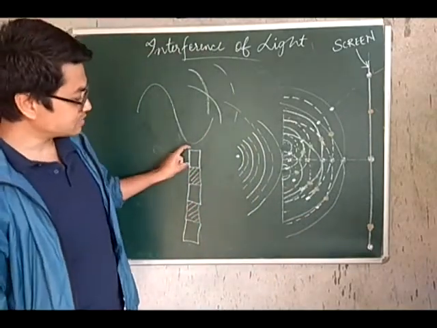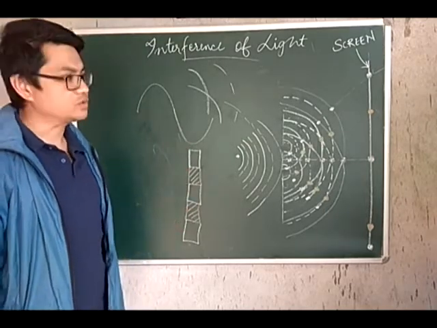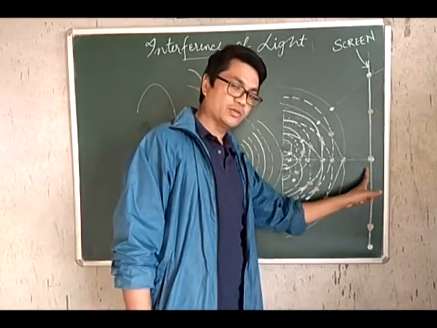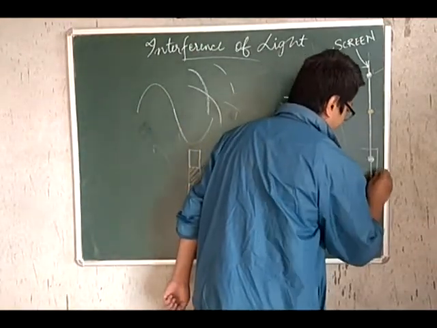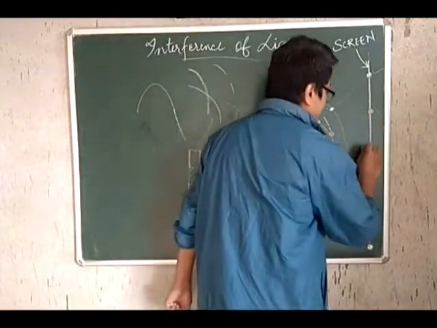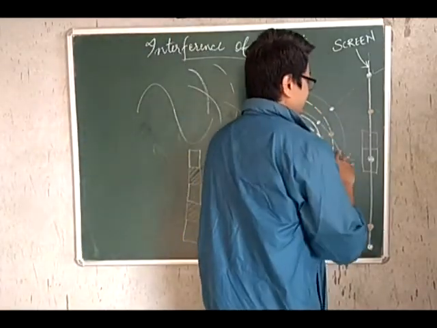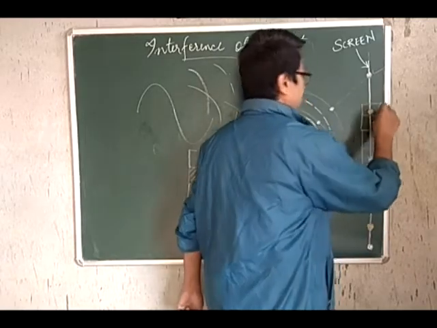So we get alternate bright and dark fringes. At the central point over here, of course, we get a bright fringe, and then after that we get alternate bright and dark fringes, like this.